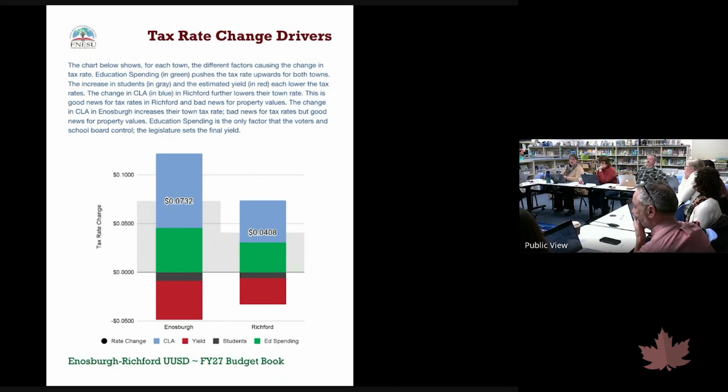And so I asked Morgan to look at the drivers and think about what portion of our tax increase is being driven by what, so that people could start to understand there's not this direct correlation between exactly what we spend in our school and what your tax rate is going to be. There are other factors that weigh in too.